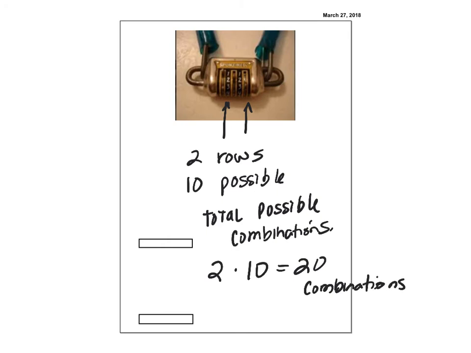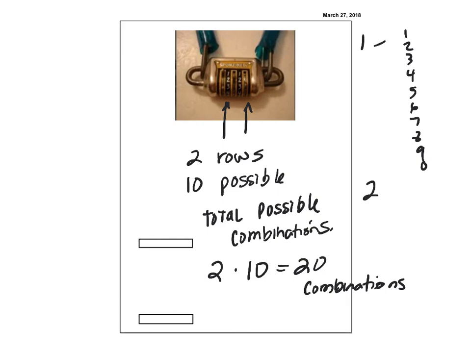Now, how long would that take you to figure out? You could sit there for 5 minutes maybe and guess that combination. For example, in the first row you could try 1, 2, 3, 4, 5, 6, 7, 8, 9, or 0, right?